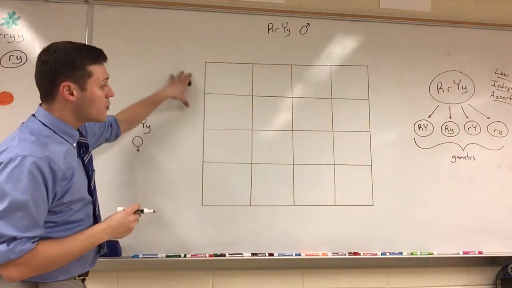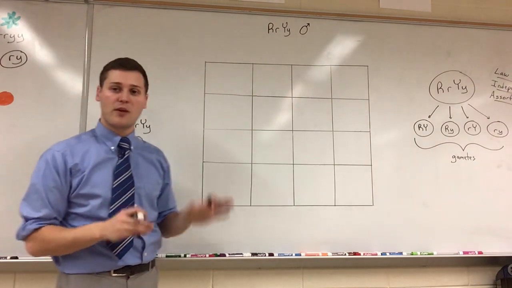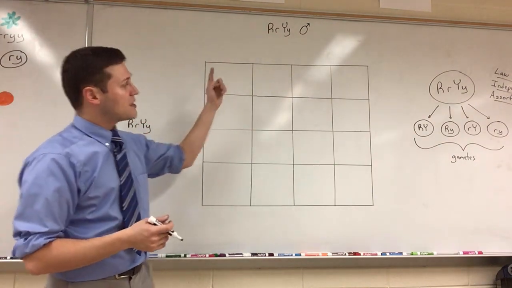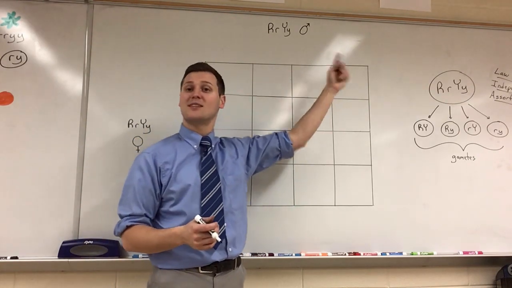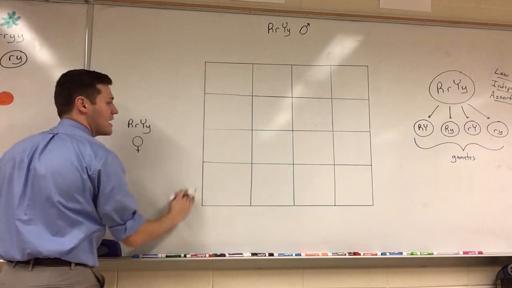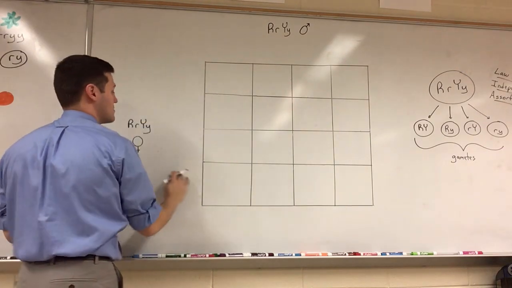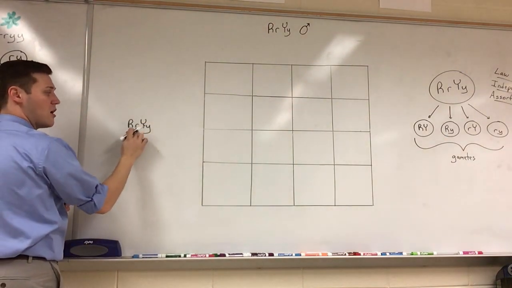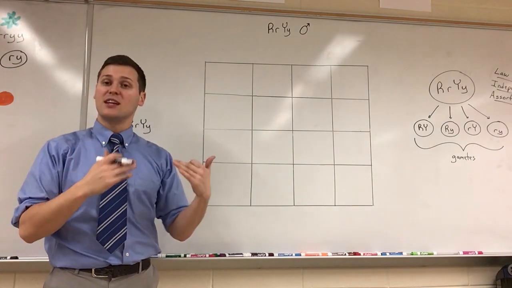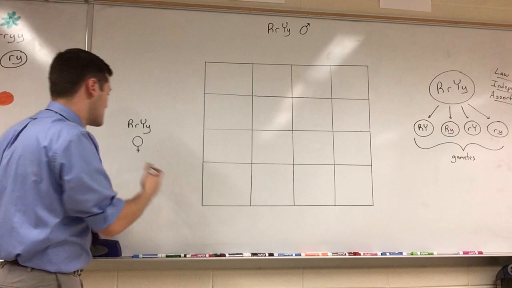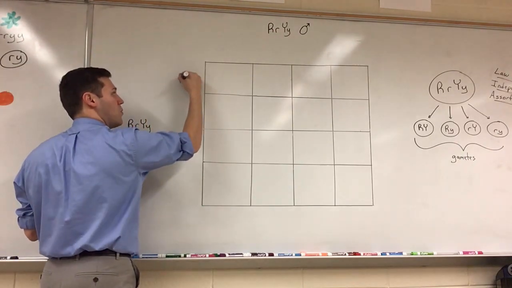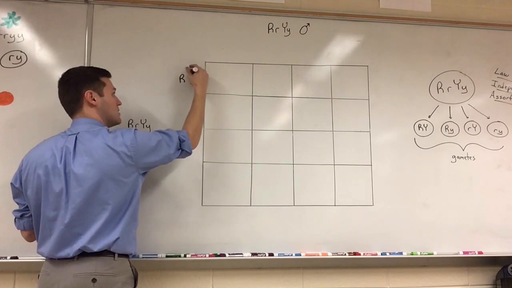The way we set up a Punnett Square, whether it's a simple one or a more complex one, is we always put the possible gametes, the genotypes of the possible sex cells, on the sides. So here we have big R, little r, big Y, little y. Gametes need to have one of each type of allele. So here we could do a big R, big Y as one possible gamete.